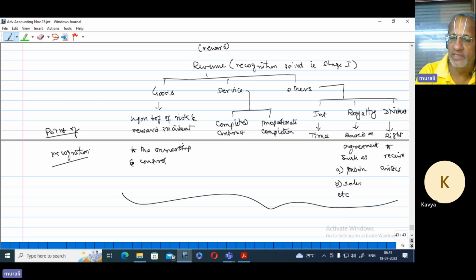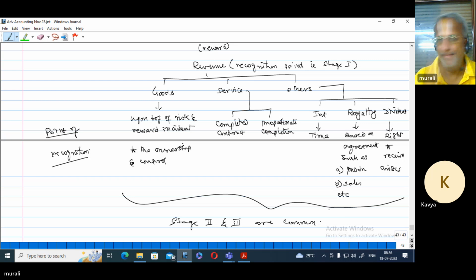So in all these cases, stage 2 and 3 are common. That's it. So in fact, AS9 is getting over in this much time only. If we started at about 6:20 in the morning or around that time, in only 15 minutes we have completed.